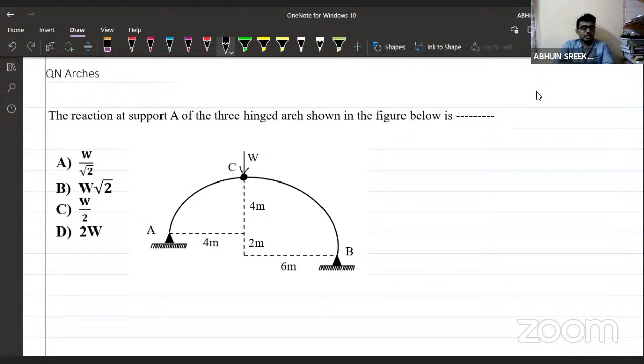I hope you people are solving this. Let's start solving this.